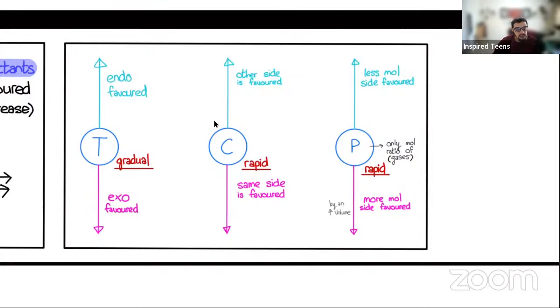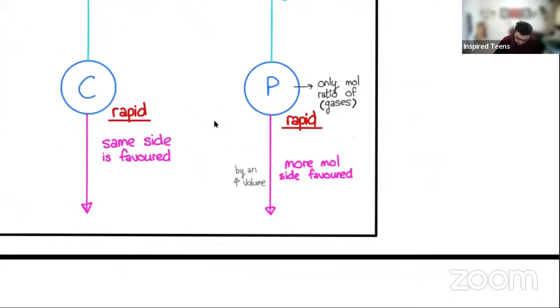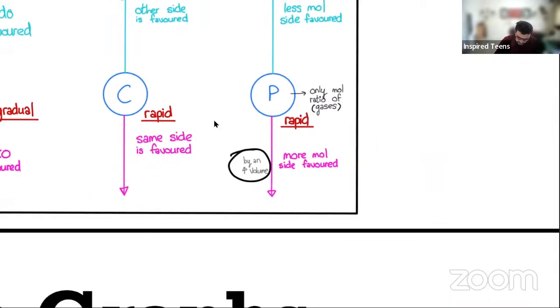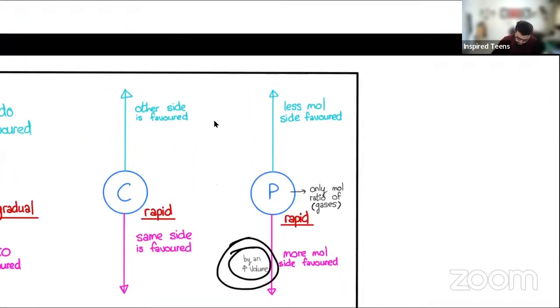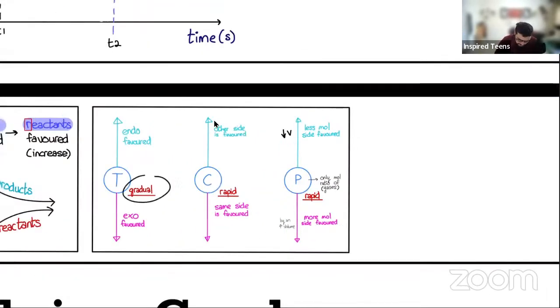Pressure increases, less mole side is favored. Pressure decreases, more mole side is favored. Just note that there's a pressure decrease by an increase in volume, and pressure increase by a decrease in volume. Just keep that in mind, as well as gradual, rapid, and rapid.